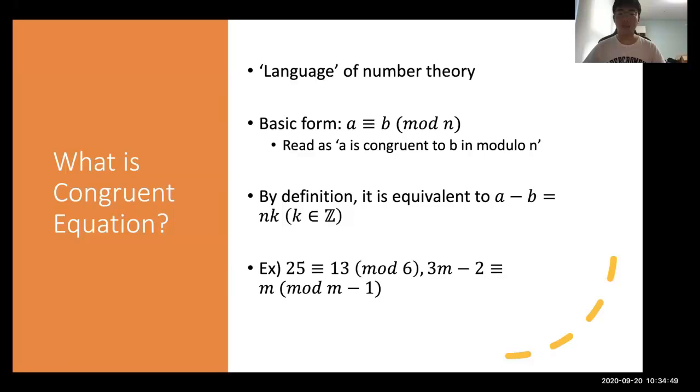For example, 25 and 13 are congruent in modulus 6 because they have the same remainder of 1 when divided by 6. And 3m minus 2 and m are congruent in modulo m minus 1 because if we subtract m from 3m minus 2, it's 2m minus 2, which is a multiple of m minus 1.